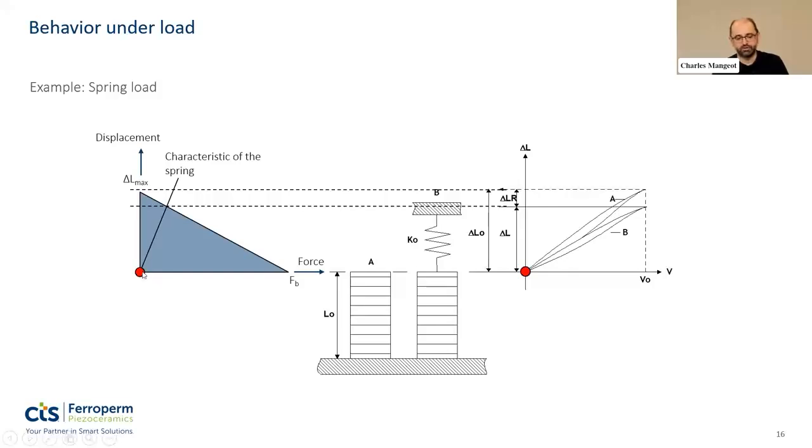And as you increase the voltage, you will have to follow that characteristic and ultimately get to the top characteristic of the piezo. So what's happening is that on the force displacement diagram, you increase the force as you increase the displacement. And the result is that you get a displacement that is lower than the free displacement, and a combination with some force that is obviously lower than the blocking force.